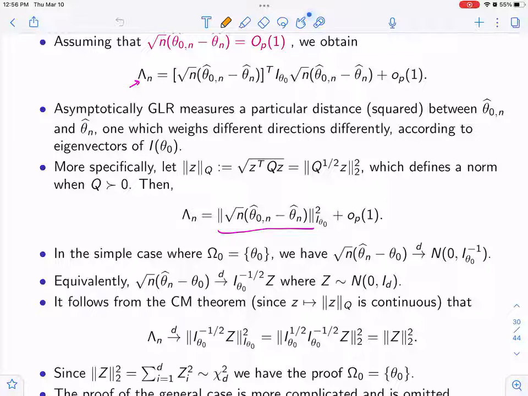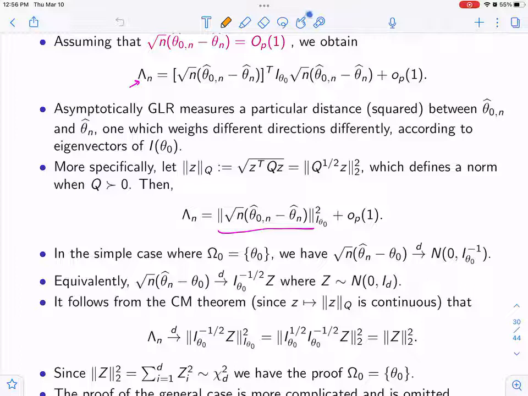Then you can apply the continuous mapping theorem. This norm is a continuous function, so you apply it to both sides. This converges to the squared norm in this new norm. If you expand that norm, the Fisher informations cancel out, and this would be the norm of Z squared, and the norm of Z squared has a chi-square distribution.